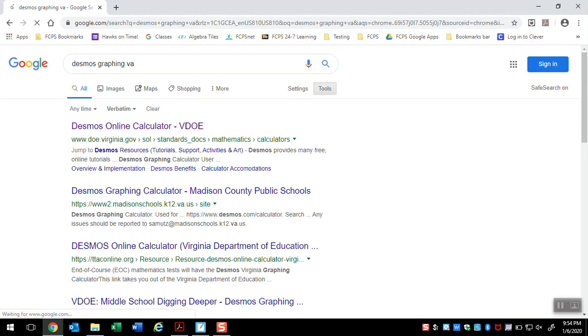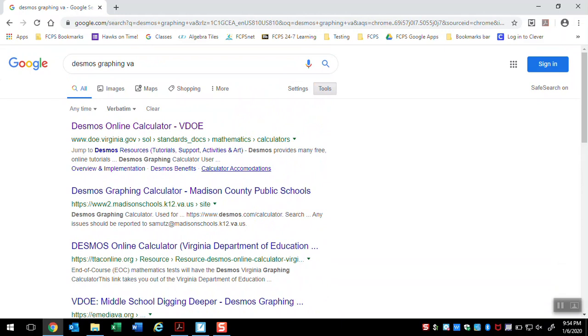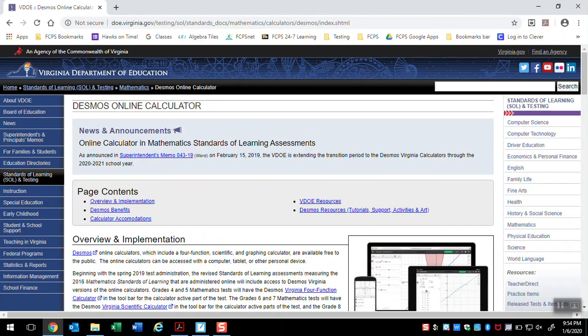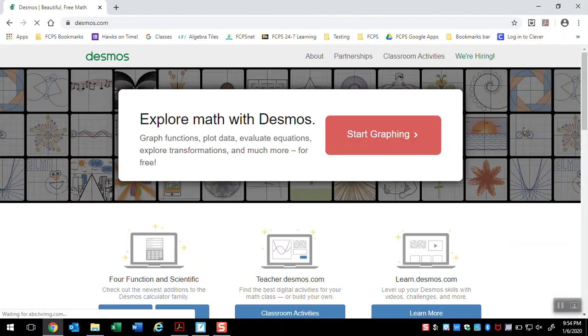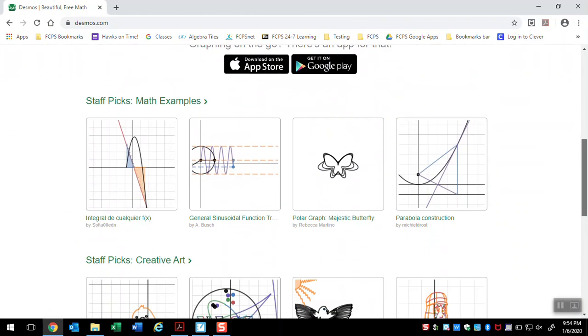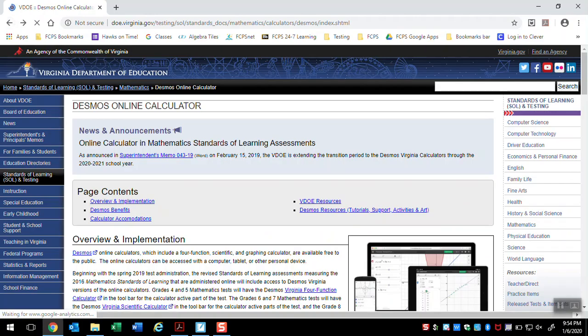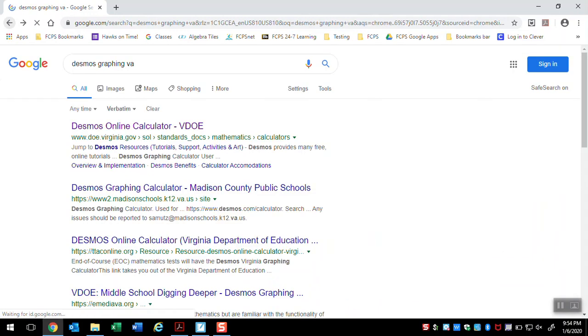And I'm going to get that graphing calculator going. It used to be the very first one. It's no longer showing up where I need it to. All right, so I'm going to come here. You guys should have that link already on your screen. I really wanted the graphing one, or the test one.